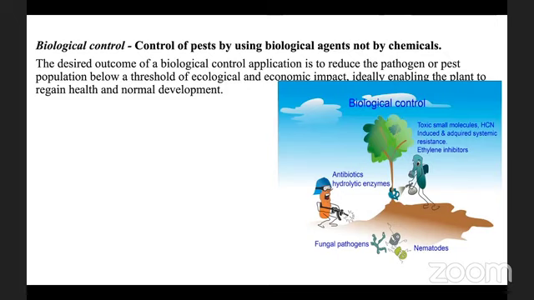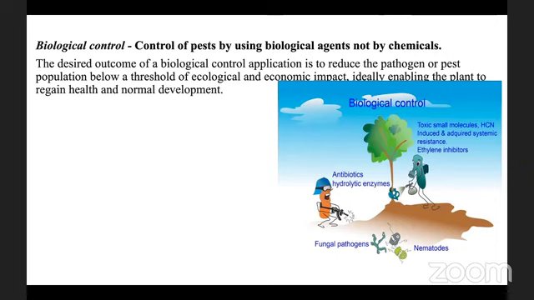So the main aim of biological control is to reduce the pathogens or pests that are attacking the plant so that the plant can grow normally and healthy. Here we can see small organisms helping the plant to overcome pests or any attack. So we can kill nematodes and fungal pathogens by using different biopesticides.